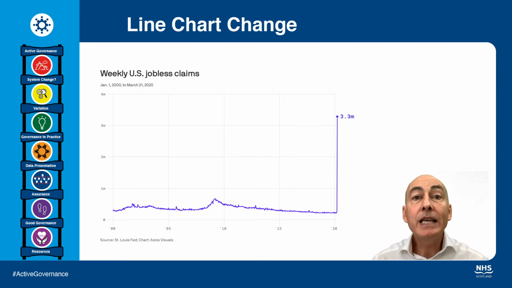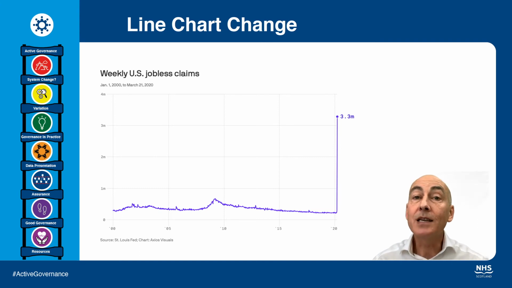Sometimes the change is so obvious that a simple line chart will show it up. I love this example. It comes from the US, the weekly unemployment figures, and you can see a small bump around the financial crash in 2008, but then a massive spike at the beginning of the COVID crisis.